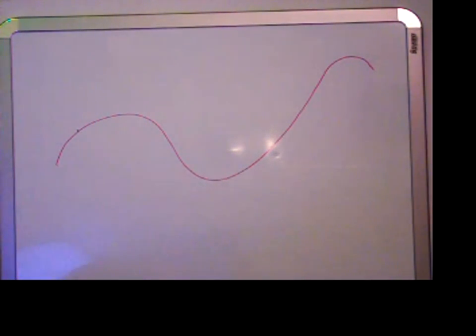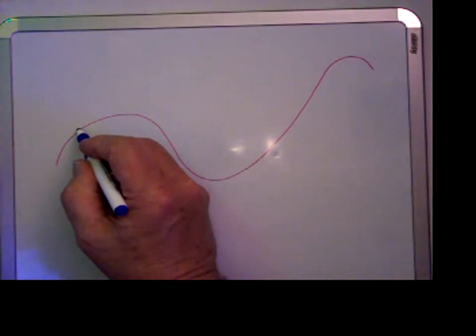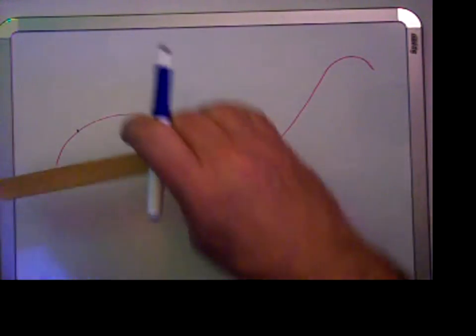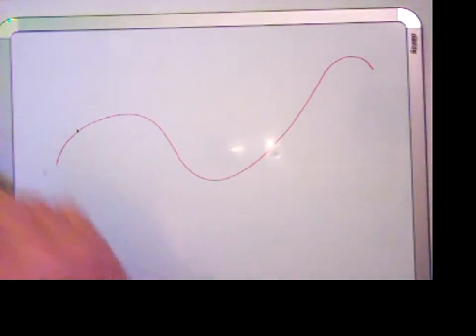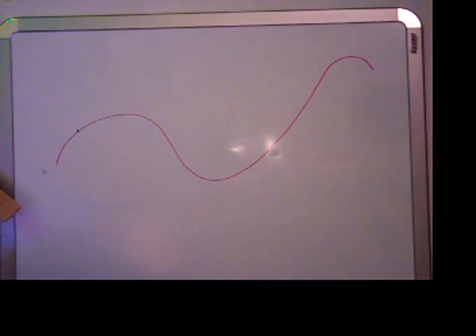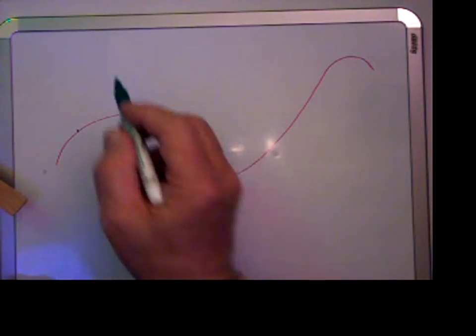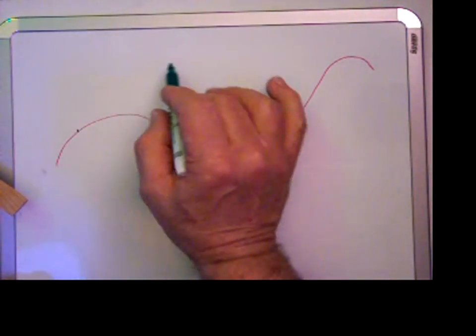How would one go about doing that? One could just lay down a straight edge and guess at it. Admittedly, in some applications, that might be the fastest way of doing it. But in general, it's not a good idea. It's just not that productive. One thing you can do is we want to get the slope of the tangent line.